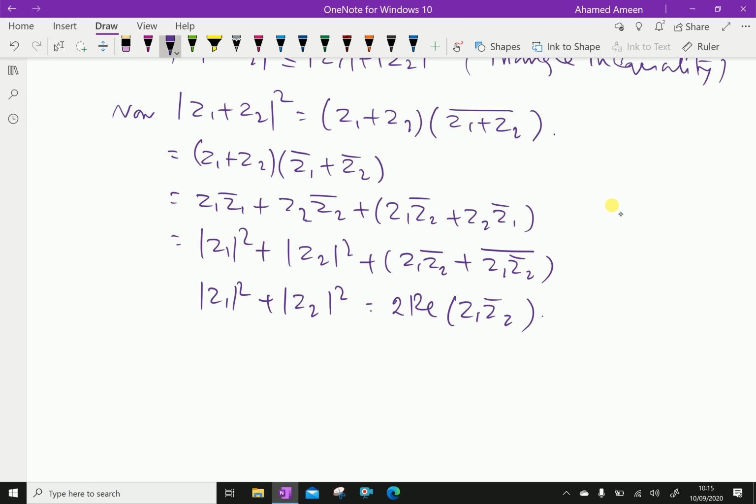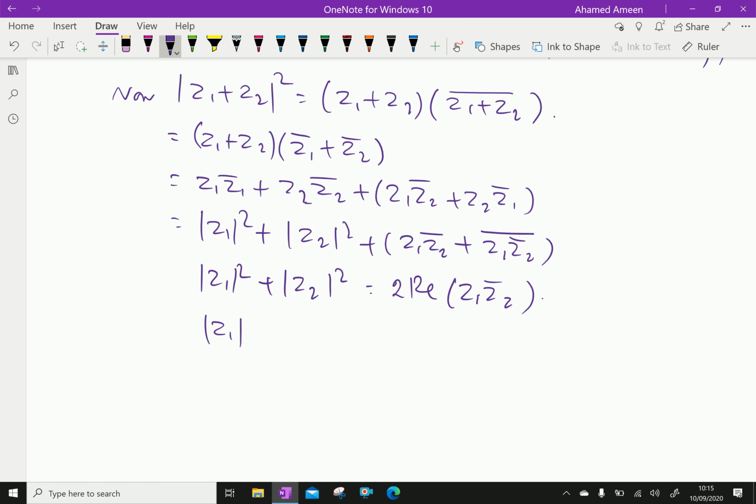Then we can say modulus z1 squared plus modulus z2 squared plus 2 times the real part of z1 z2 bar is lesser or equal to modulus z1 squared plus modulus z2 squared plus 2 times modulus of z1 z2 bar.